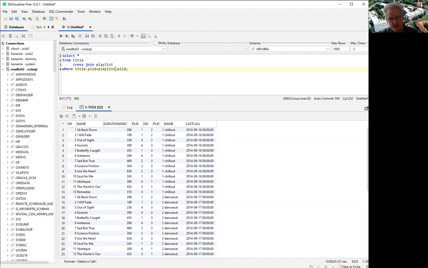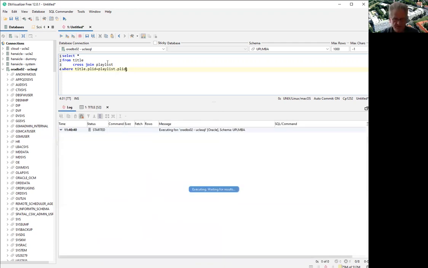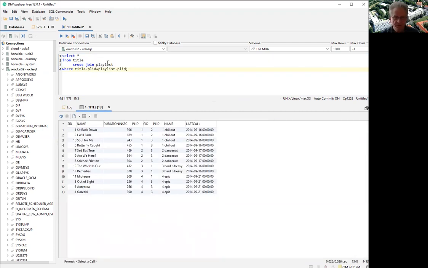So we are filtering out all those records where the playlist ID is the same. And if you execute that here, now you see we get 13 records back, and that makes perfect sense, because we have 13 records in our table.